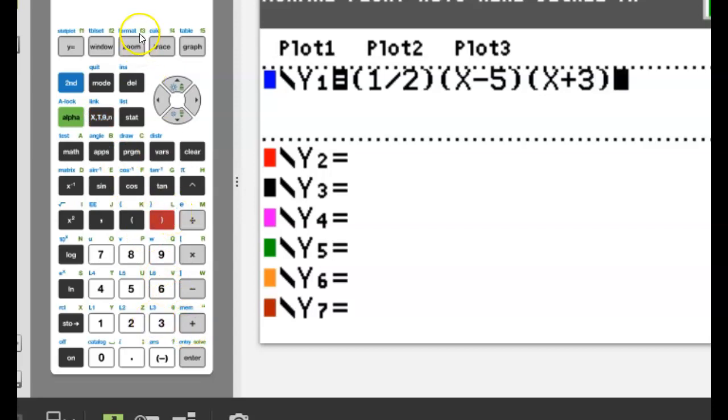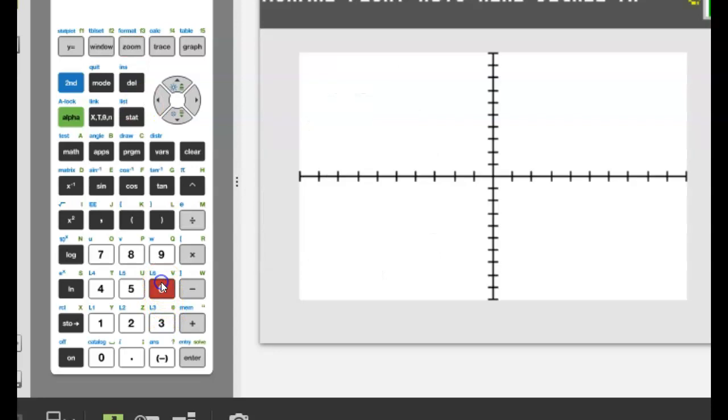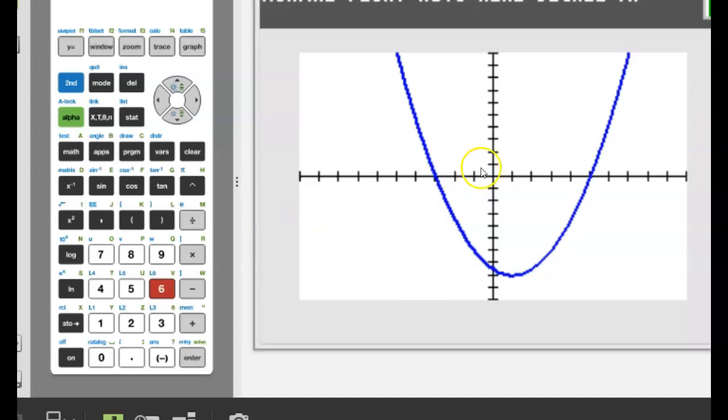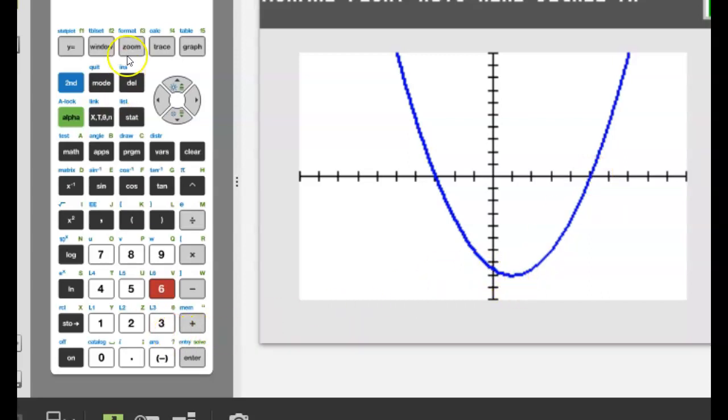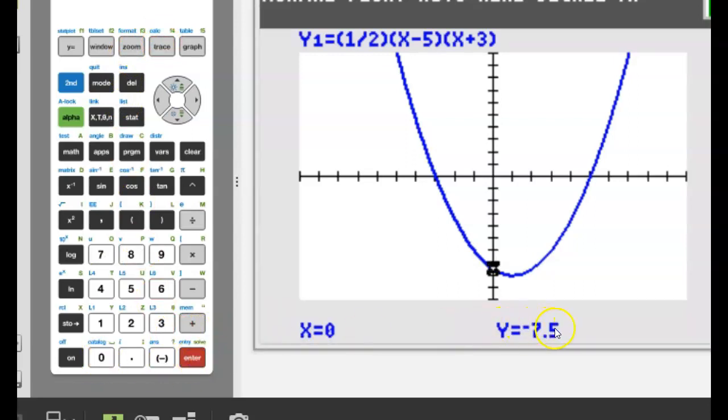Okay. If we do a zoom 6 again, okay, we found these were at negative 3 and positive 5. That looks really good. How do you find the y-intercept again? Trace 0. Okay, negative 7.5.